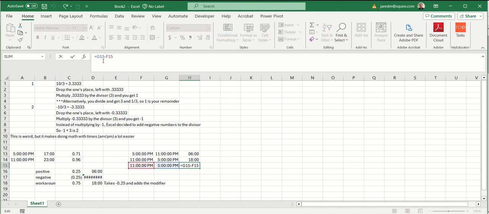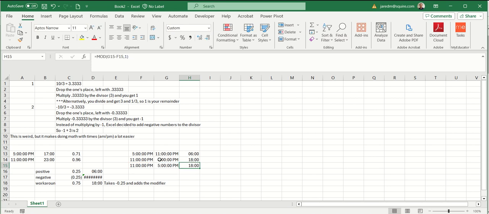So the workaround for that is to wrap it in the mod function, which will then yield us a negative 0.25, mod by 1. So I divide it by 1, I'm still left with my negative 0.25, and now I have to add 1 to that negative 0.25 to give me 0.75, 75% of a day, or 18 hours out of the 24.